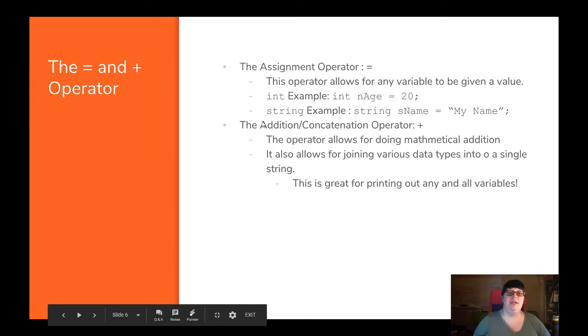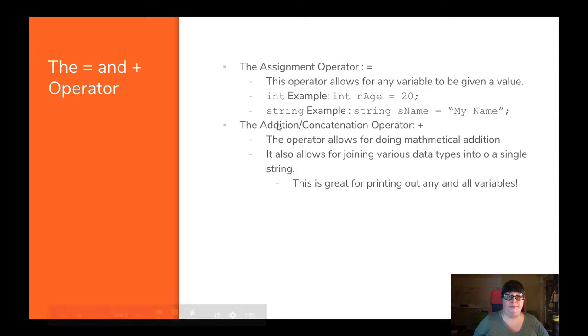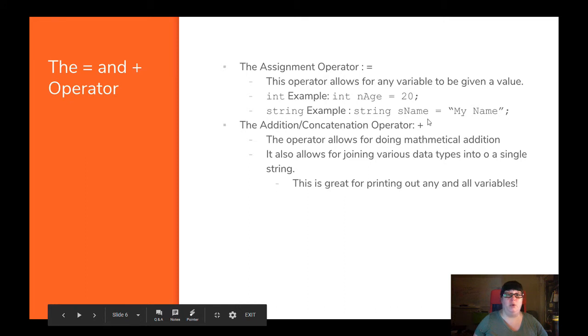Now, the next one we are going to be talking about is the plus sign, which has a dual purpose in programming. It is the mathematical addition. So anytime you're doing any math, it is exactly the same as we've done math before.